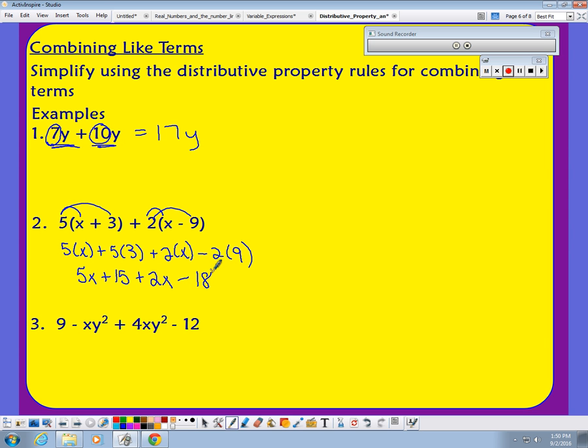And at this point, I'm going to circle my like terms. 5x and 2x are like terms, and I'll square the other ones. 15 and negative 18 are like terms. So when I combine them, 5x plus 2x makes 7x, and 15 minus 18 is negative 3.